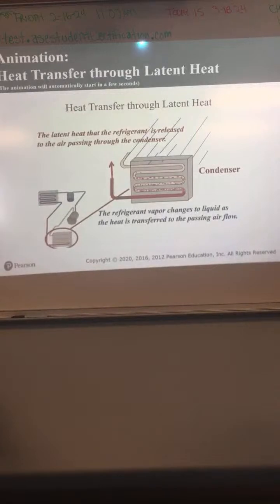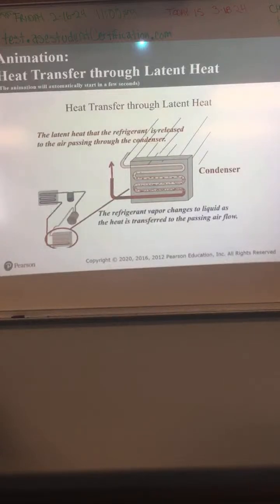Now, this can vary a little bit, but basically, this is about what you're gonna see. Maybe 220 on the high side. It's gonna vary depending on ambient temperature, but this is gonna be the area that you're gonna see your high and low side pressures.